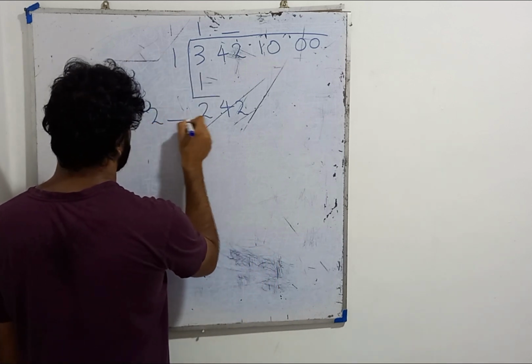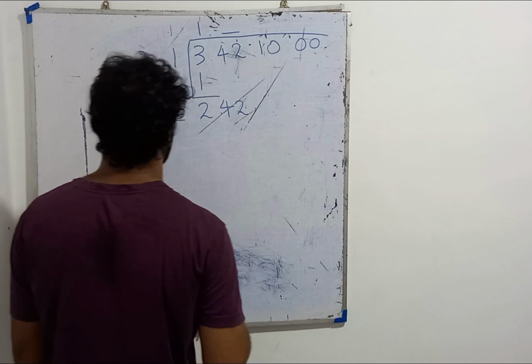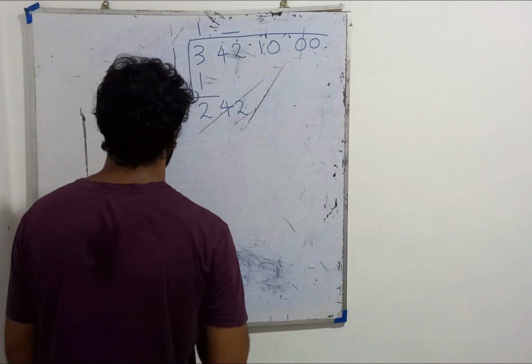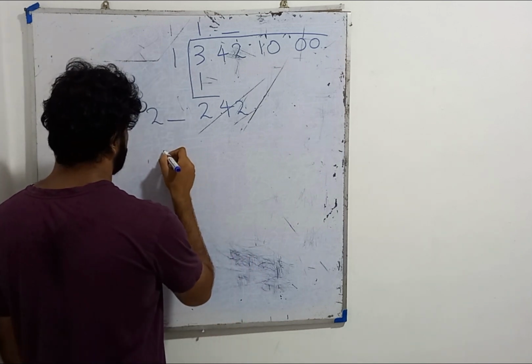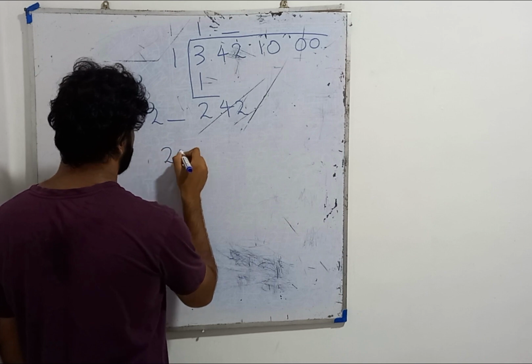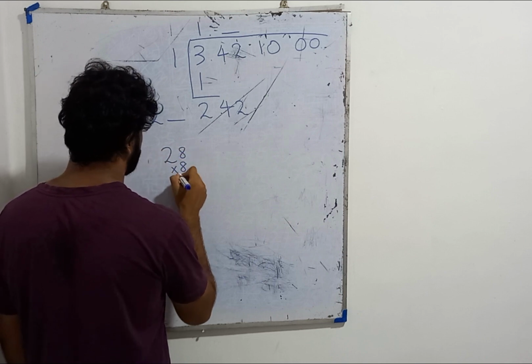It's going to be 2. It's going to be 8, right? 28 into 8.